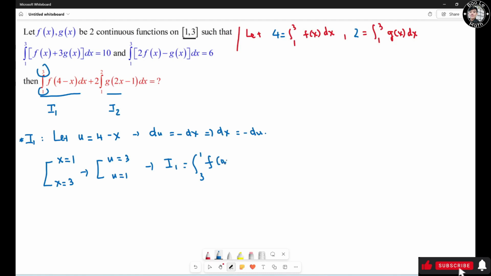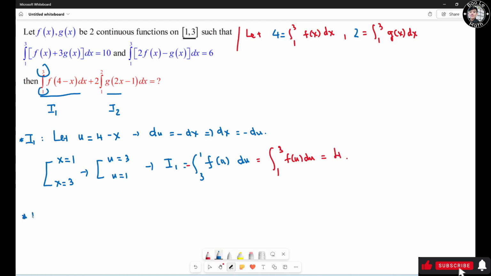F of u du, and don't forget the negative side right here, right? So it turns out to be the integral from 1 to 3. If you flip the upper bound and lower bound, you need to change the side right here, so it becomes positive, right? F of u du, right? But this guy actually equals 4, right?